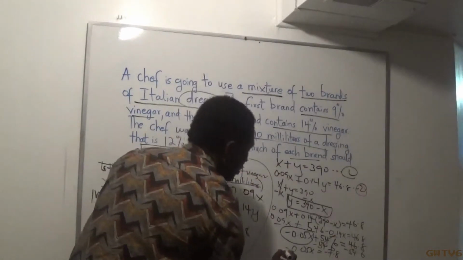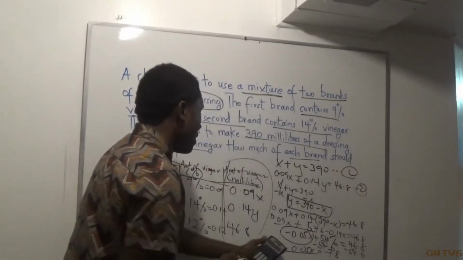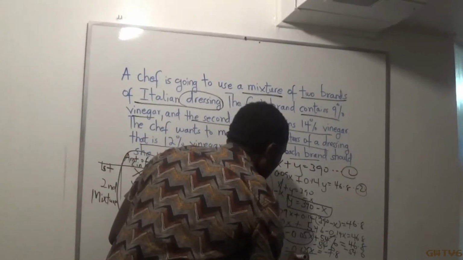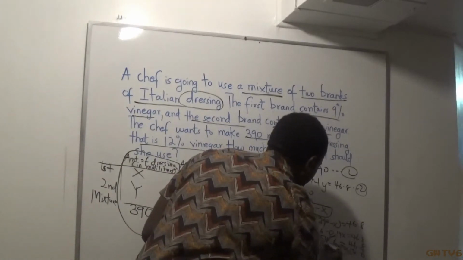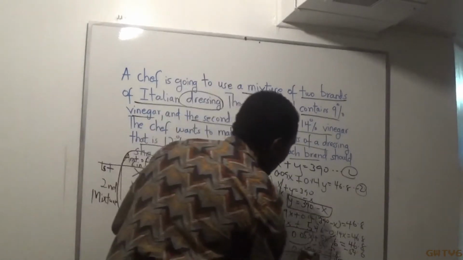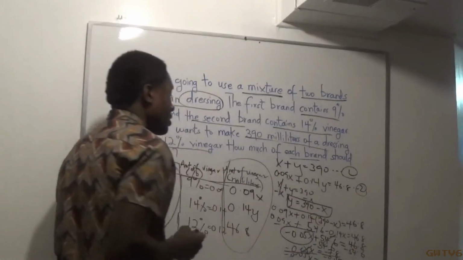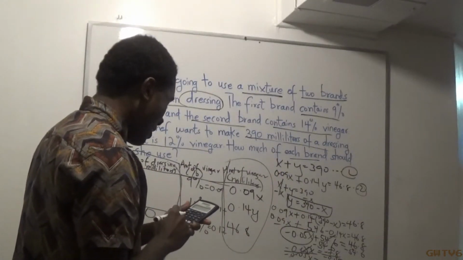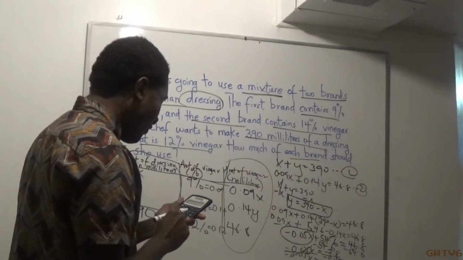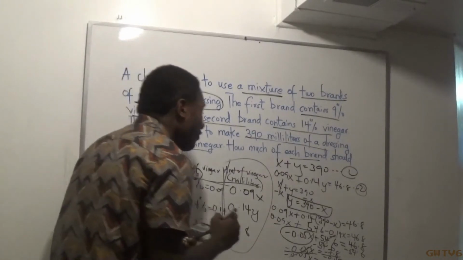And I'm solving for x, so I just divide by the negative 0.05 on both sides. So that cancels out. So I have x equals negative 7.8 divided by negative 0.05. That gives me 156.